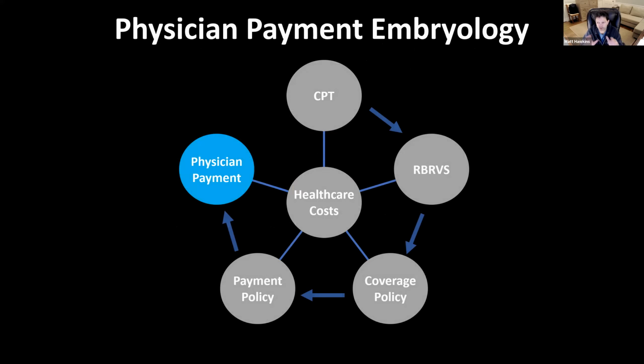So the point I want y'all to take home is, just because you have a code doesn't mean you get paid. Just because CMS says that you can get paid for something doesn't mean your local Medicare contractor is actually going to pay for that. And the private payers' coverage policies are completely proprietary, and can differ vastly, even between very close geographies. Okay.